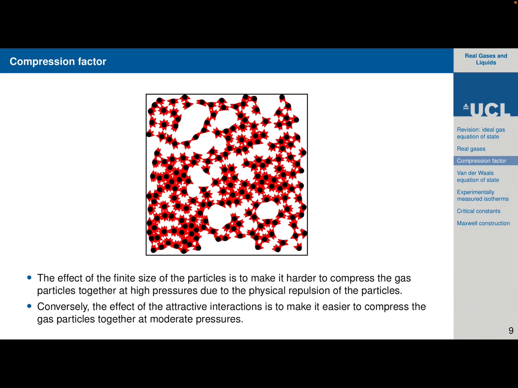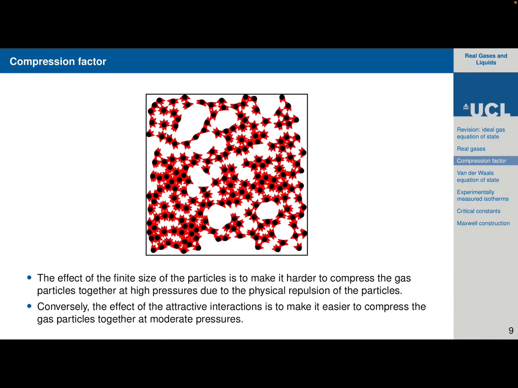So then, to summarize this illustration, what we have seen is that the fact that the particles in the gas have a finite size makes it harder to compress the gas, because the gas molecules themselves occupy a finite size, and so it's as if the particles are moving in a smaller volume, and there's less free space for them to move around in.